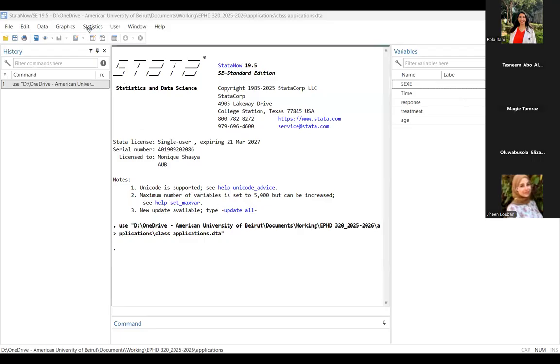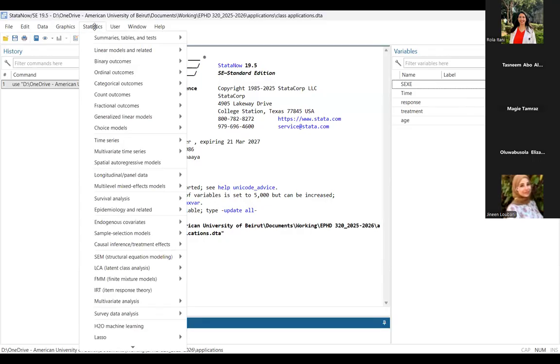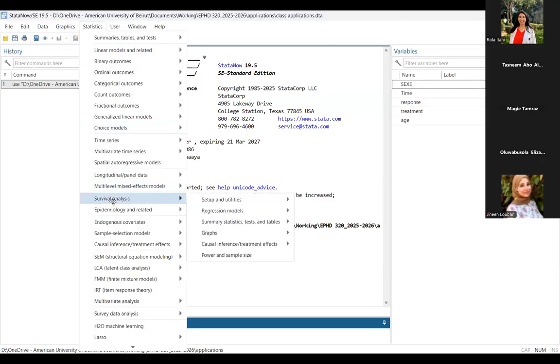It's a very simple command in Stata, but you can also use the menu, and that is survival analysis. What is the difference between SPSS and Stata in survival analysis? The main thing at the beginning is that you have to inform Stata that you are dealing with survival data.